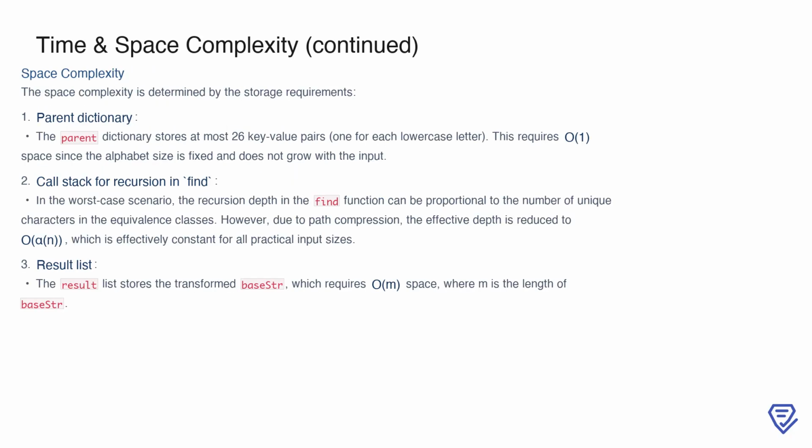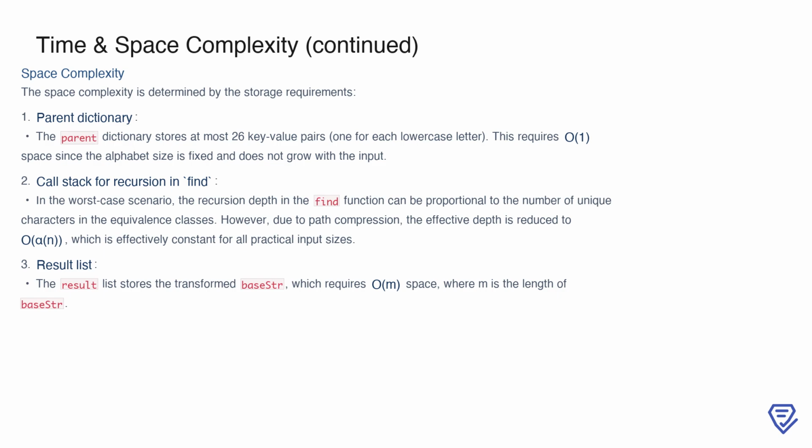Next, let's examine the space complexity of the solution. The parent dictionary, which maps each character to its parent, requires storage for at most 26 key-value pairs since it covers all lowercase English letters. This is a constant amount of space, or O(1). The find function, which is called recursively, can theoretically have a call stack depth proportional to the number of unique characters in the equivalence classes.